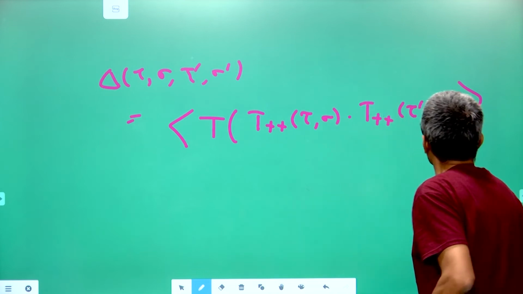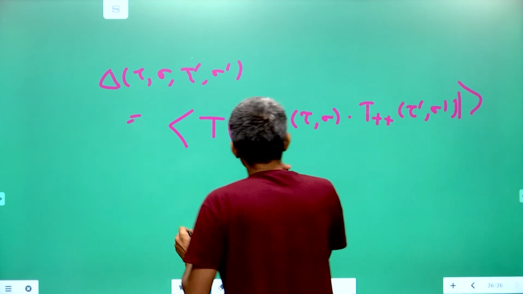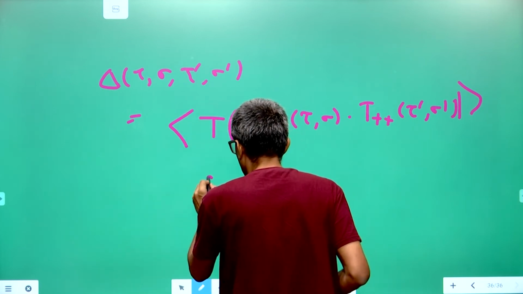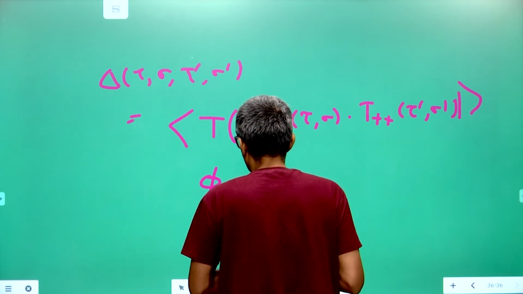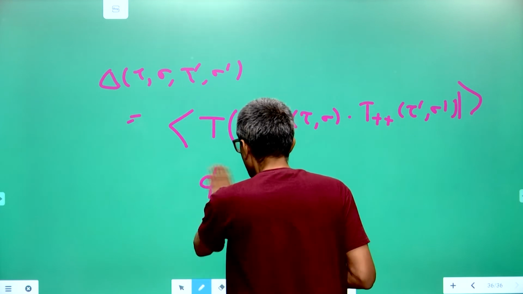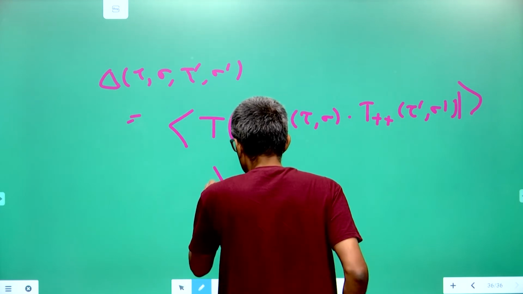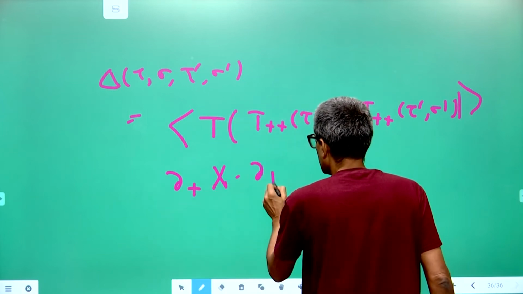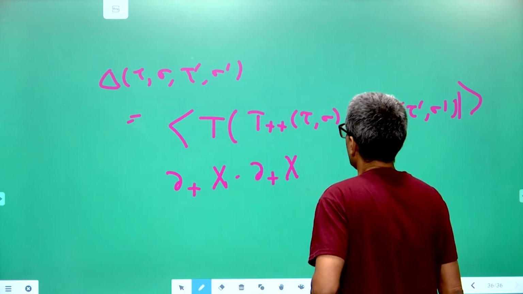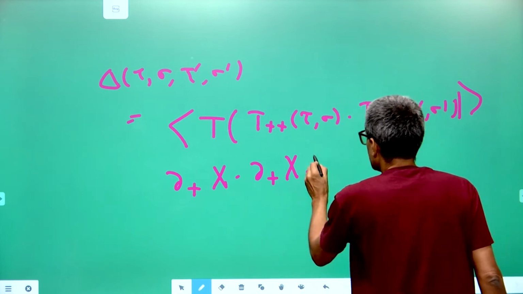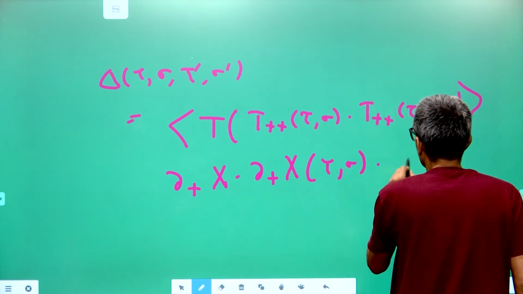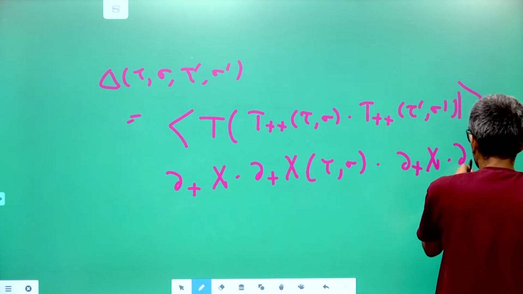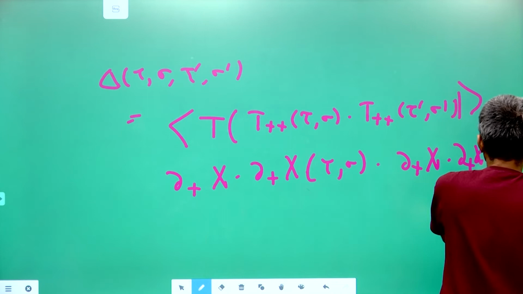Now this T plus plus, when you look at, let us say, the bosonic string, let us call the bosonic field phi, or let us call it simply x. So T plus plus is nothing but dou plus of x into dou plus of x. Okay. So you are calculating the product of this evaluated at tau sigma multiplied by dou plus of x evaluated at tau dash sigma dash.